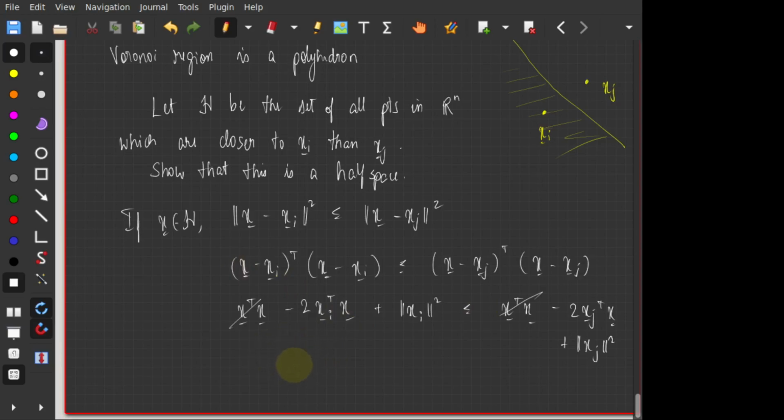So if I take this to the right hand side, it is (xi minus xj) transpose x is greater than or equal to (norm xi squared minus norm xj squared) divided by 2.